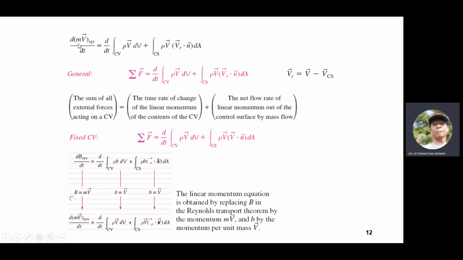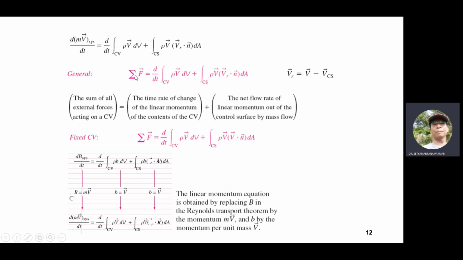In elemental expression, we have d(mV) of the system over dt equal to d over dt of the integral over the control volume of rho V dV plus the integral over the control surface of rho V multiplied with Vr dot n dA. Vr here is the velocity minus the velocity of the control surface, so we use the relative velocity here.